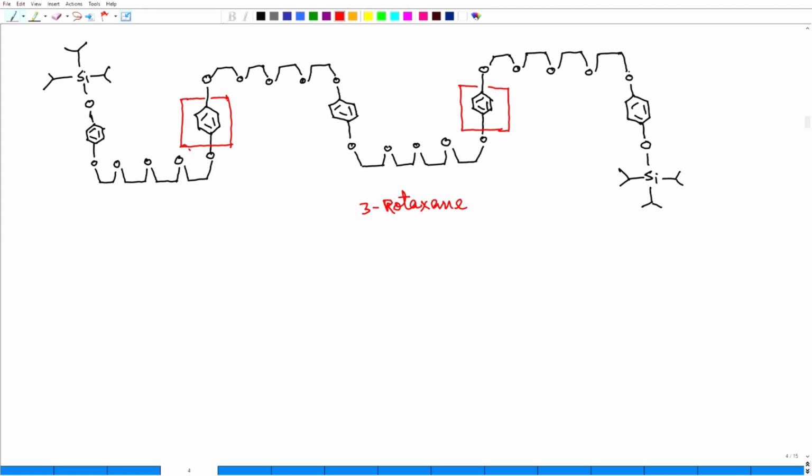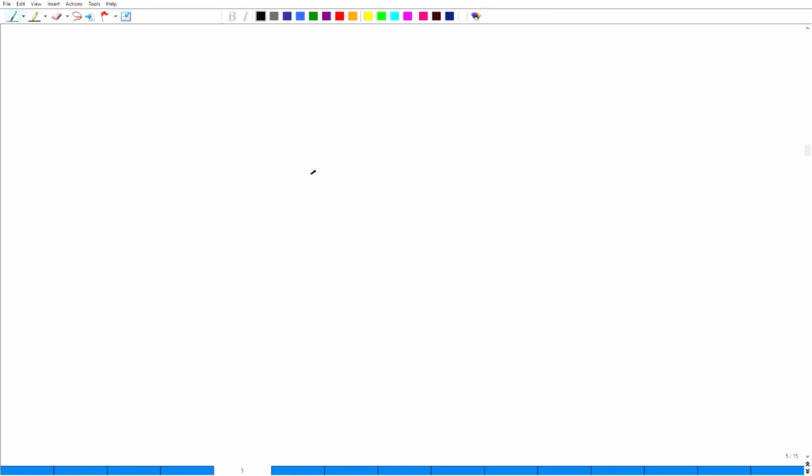In a similar manner, I can draw this. Remember the stopper. I think drawing is important. At least one arm I am drawing; there are 3 arms which I am not drawing. Let me draw only this arm.